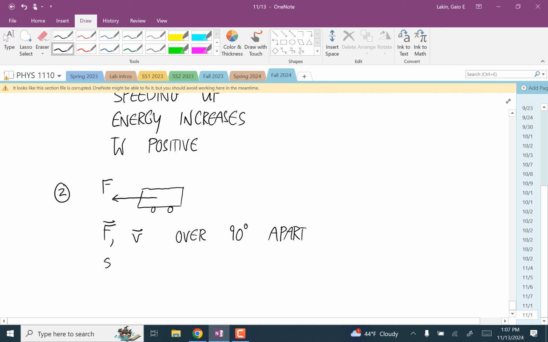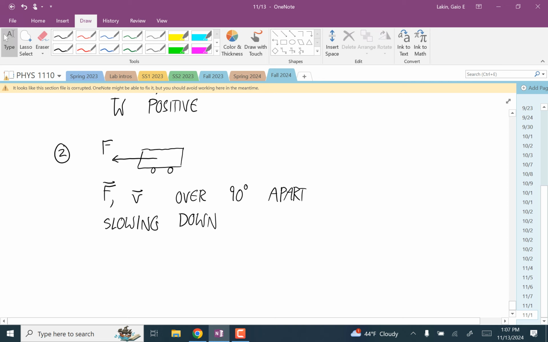So this is slowing down. That means that energy decreases, and that means that work is negative. The change in energy is negative, and work is a change in energy.